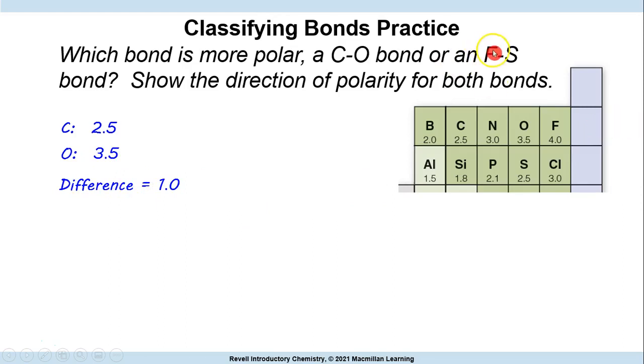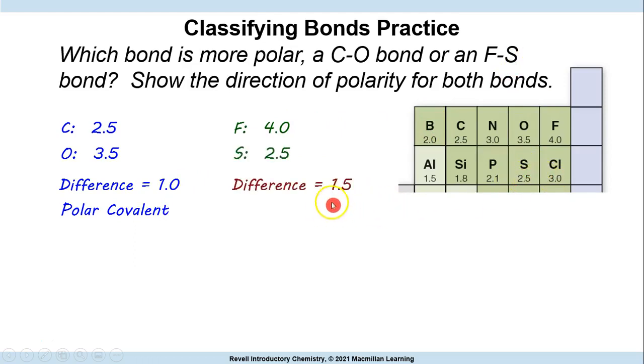Now let's look at the fluorine-sulfur bond. Fluorine has an electronegativity value of 4 and sulfur has an electronegativity value of 2.5. So the difference is 1.5, which means that it is polar covalent, because we've said less than 0.5 is just covalent, between 0.5 and 2 is polar covalent, and 2 and above is ionic.